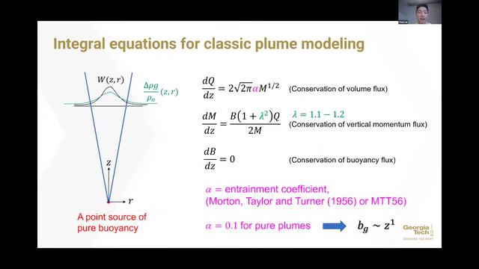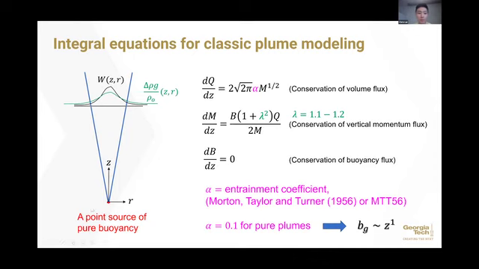So classically, how would you incorporate these small scale processes into large scale oceanic models, which do not resolve this flow? You would bridge it with the integral models first proposed in Morton, Taylor, and Turner, 1956.